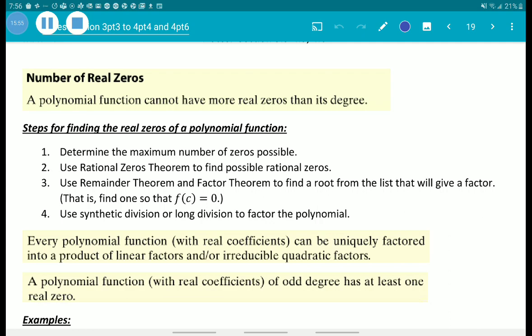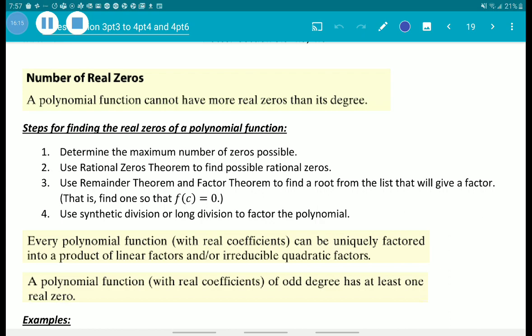So what are the steps for finding the real zeros of a polynomial? First, it's really nice if you know what's the maximum number you're looking for. Second, you want to use that rational zeros theorem to find the possible list of rational zeros. And then we're going to use the remainder and factor theorems. We're going to start plugging those in.